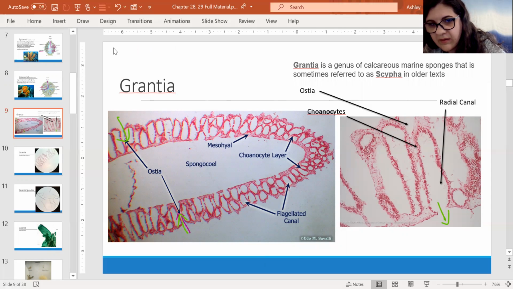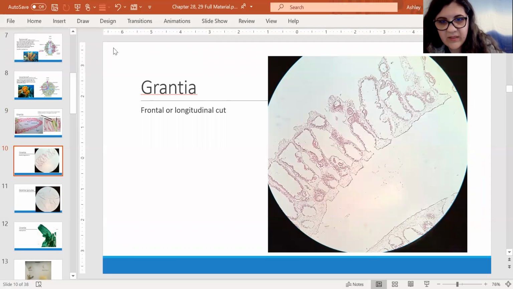Here, all the little darkish red-pink cells are choanocytes all along there and here. Looking at it closer, this is from our actual lab picture one, where you can see the opening of ostia and the radial canal here.